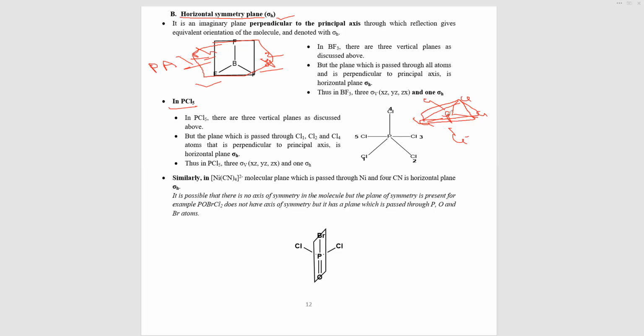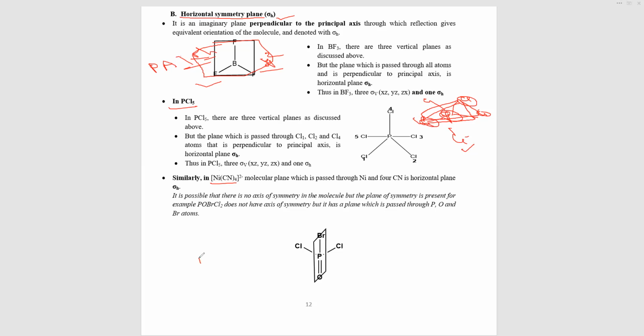Two halves means this P will be bisected, and the equatorial chlorines will be bisected, and one chlorine will be on the upper side and another chlorine on the lower side. So this is the horizontal plane. Similarly, if we talk about tetracyanonickelate or tetrachloroplatinate, there is also a horizontal plane passing through all the atoms.